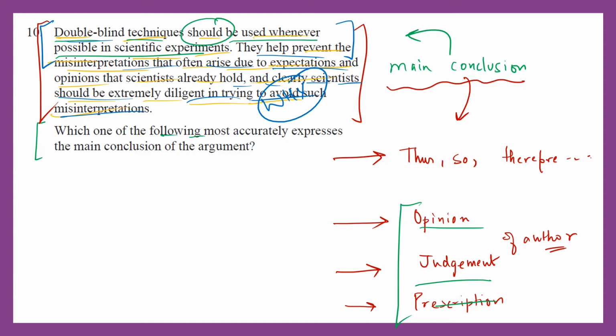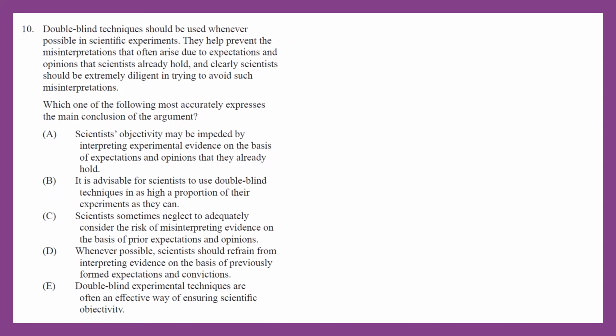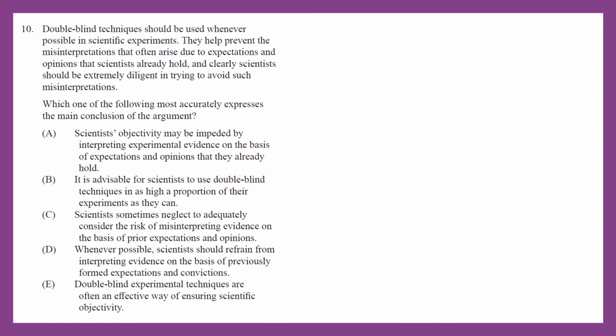Now that we've understood this, let's go ahead and look at the options. Now that we know this part was our conclusion, in which one of these 5 options do you see this?